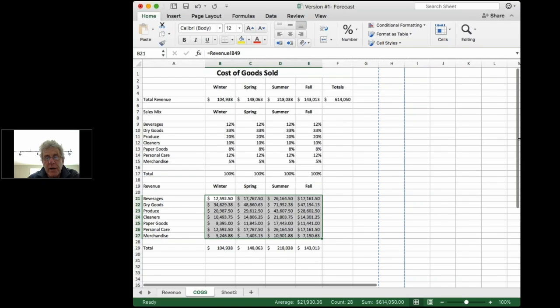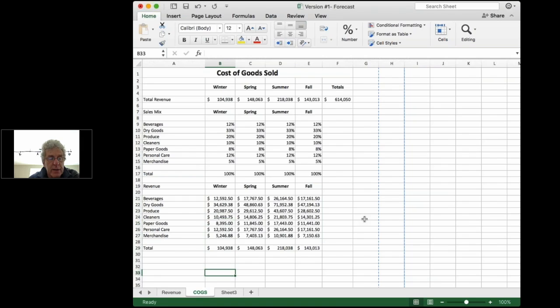Let's now move on and start actually dealing with cost of goods sold, because that's the reason why we're here today. We're going to come down here and deal first with cost of goods sold, which can also be called COGS. That sometimes is a little bit easier for people.